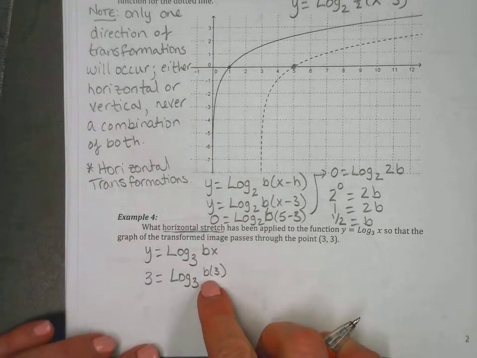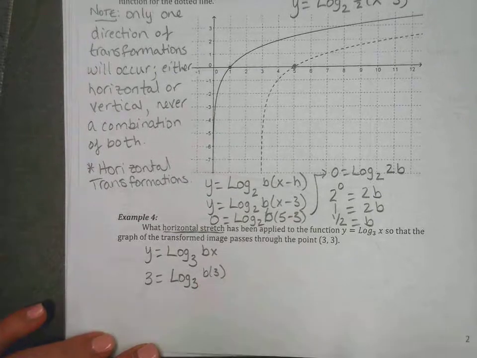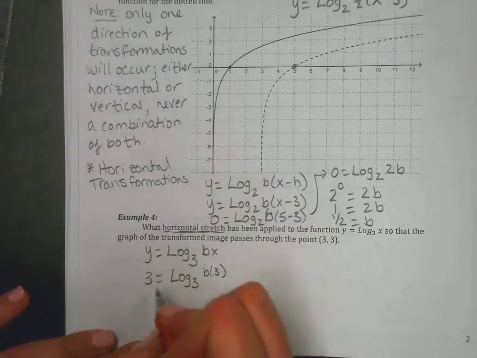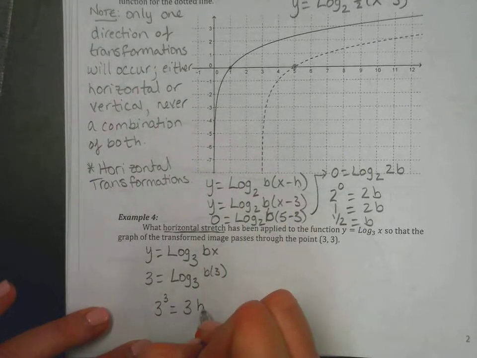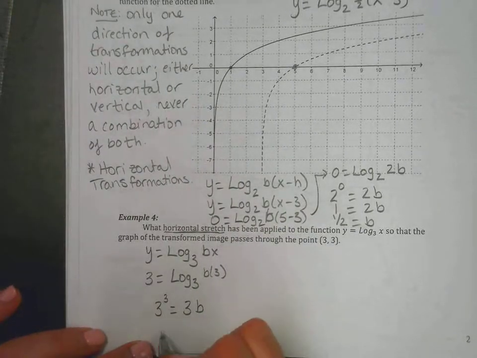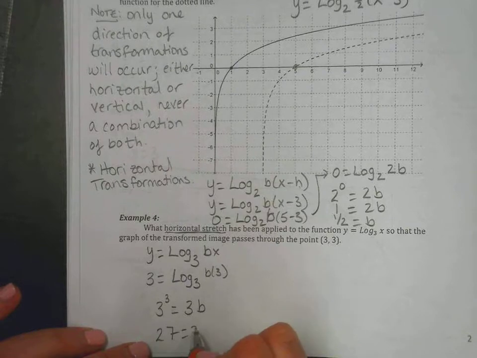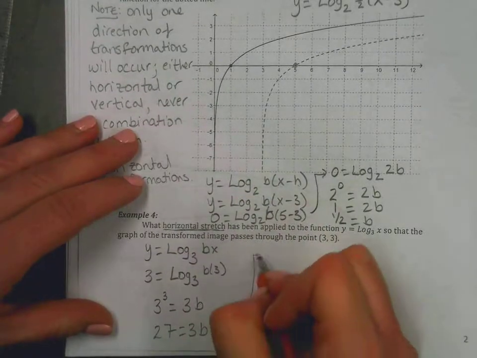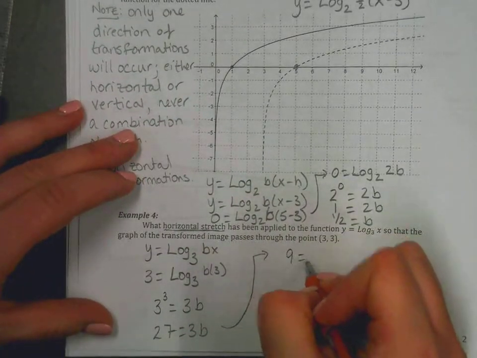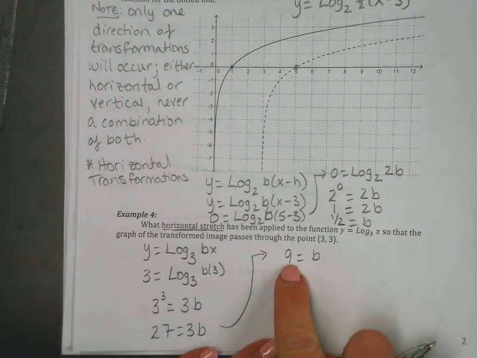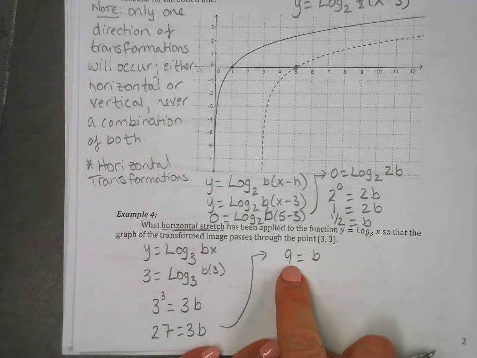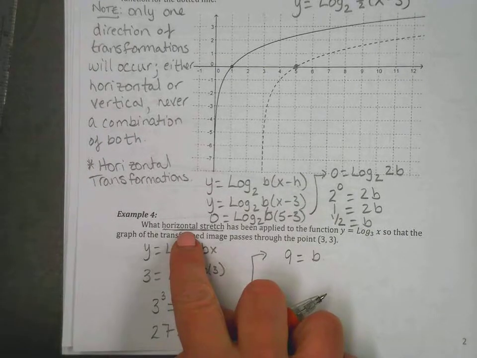I'm now going to change this to exponential form and solve for b. So 3 to the power of 3 is going to equate to 3b. So 3 cubed gives me 27 equals 3b. Divide by 3 and we get a b value of 9. Just be careful, this is my b value in my equation. That's not necessarily my horizontal stretch.